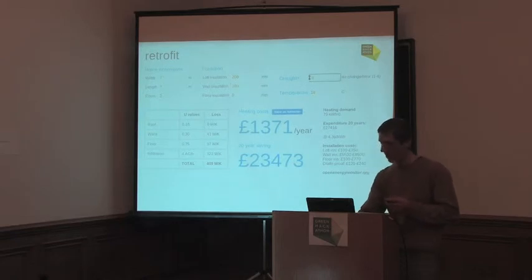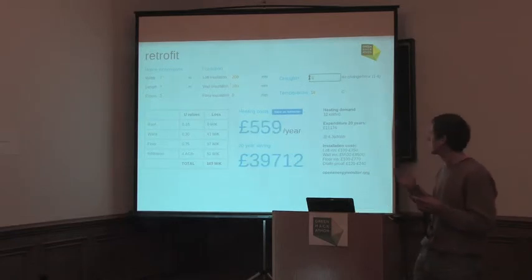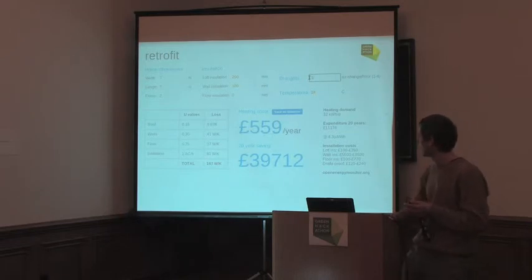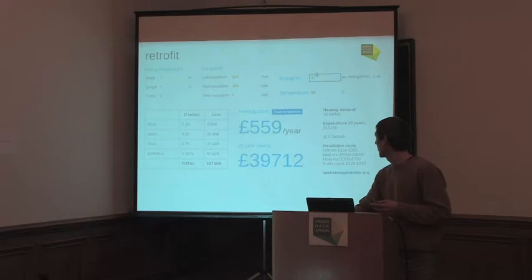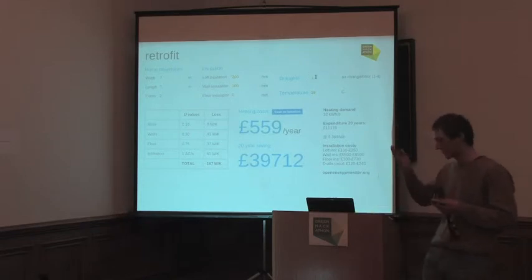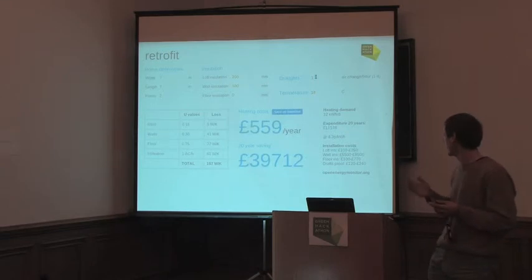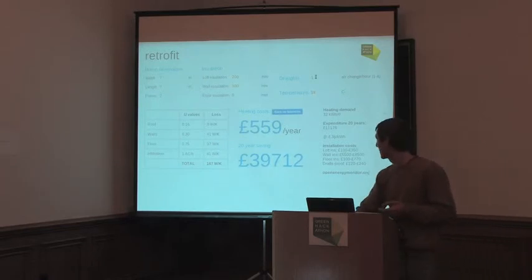So this is a modern house might have 200 mil of loft insulation, 100 mil in the walls. The volume of air that will be lost through gaps in the building will be significantly less, and it might cost you £559 on your heating every year. And it's considerably less than a really old house which is very drafty and has no insulation.